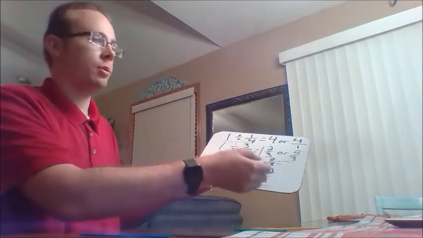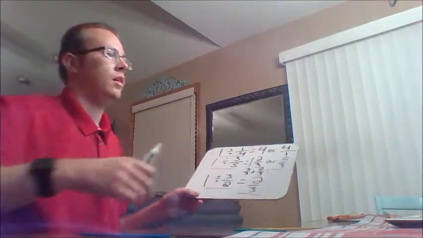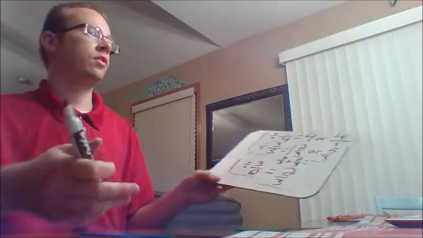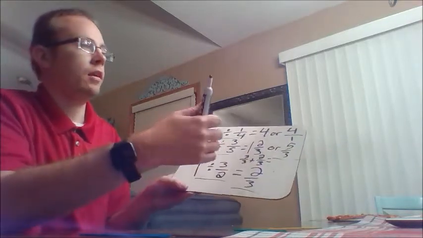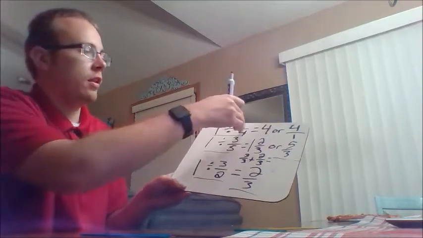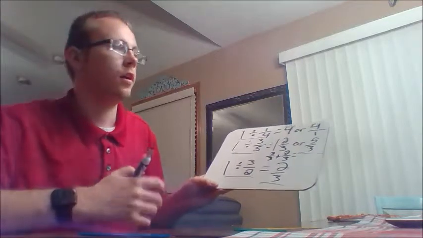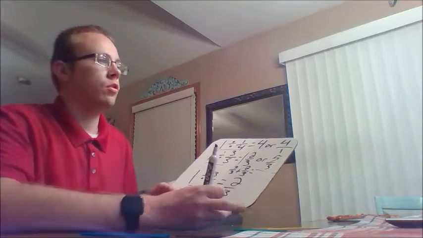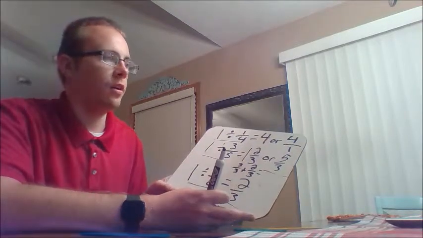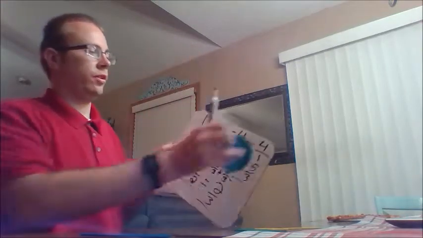So when 1 is divided by a fraction, you can see that it gets flipped. And that is called the fraction's reciprocal. We're going to be focusing on reciprocals today. Reciprocals are two fractions that, when multiplied together, equal 1. I will show you an example using some of these reciprocals that we just found.